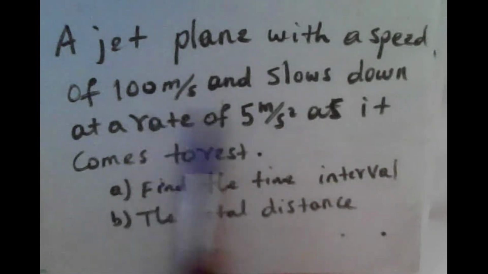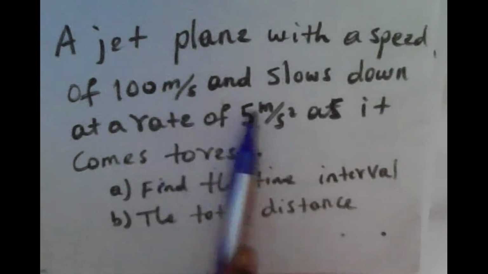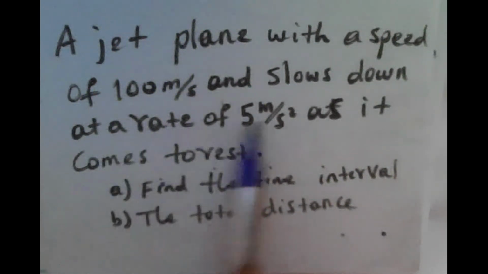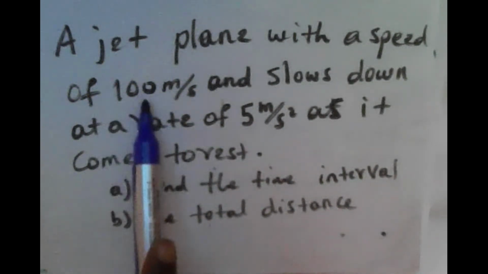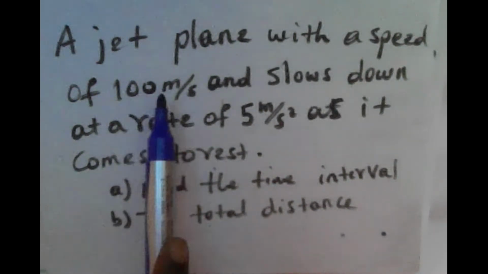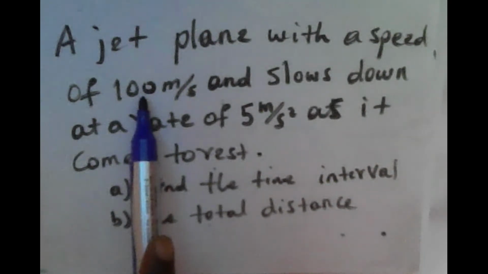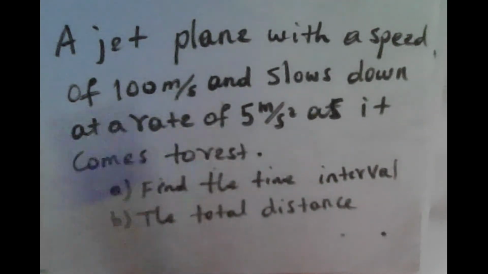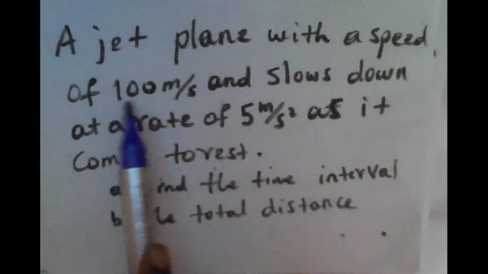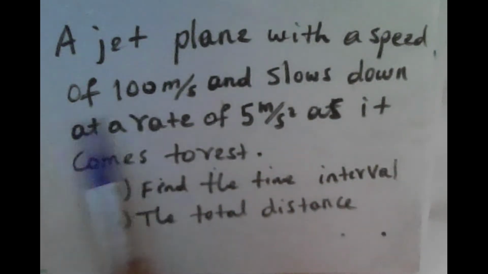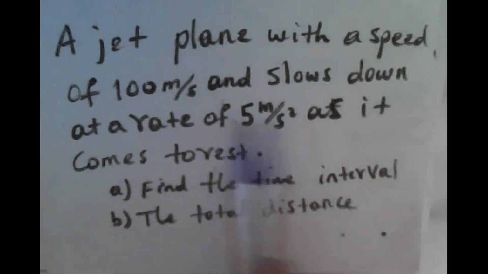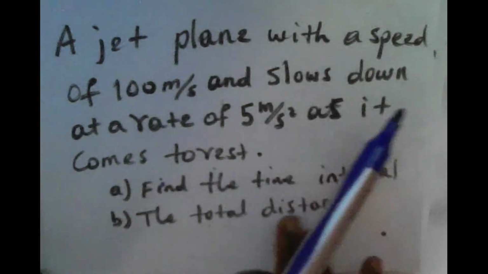Within 1 second, it decreases by 5 meters per second, which means, for example, it starts from 100 meters per second. After 1 second, it becomes 95 meters per second. After 2 seconds, it becomes 90 meters per second. After 3 seconds, it becomes 85 meters per second. So this is deceleration. Therefore, it comes to rest means the final velocity is 0.